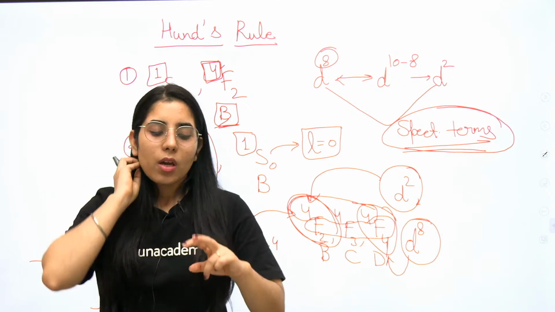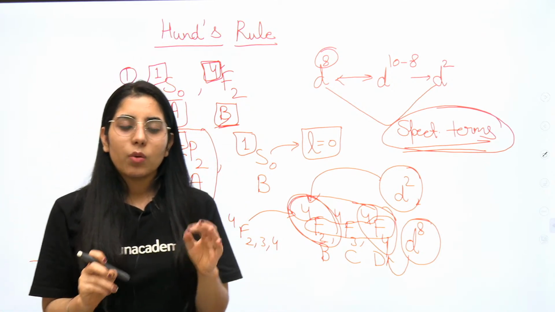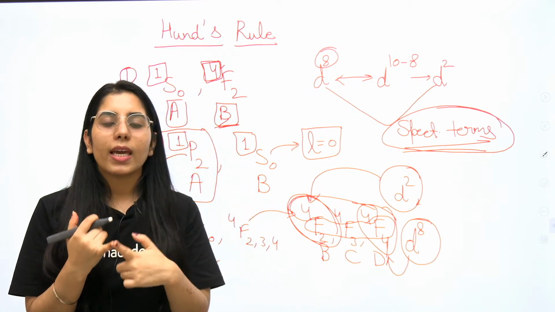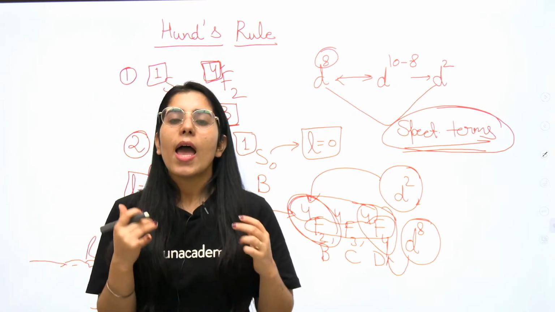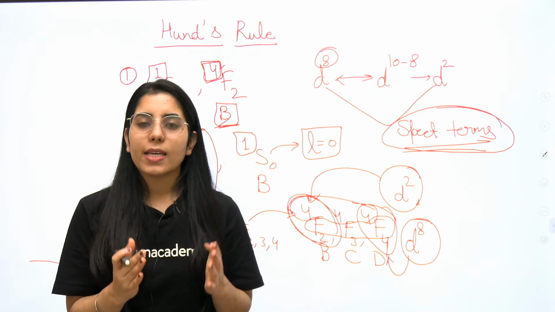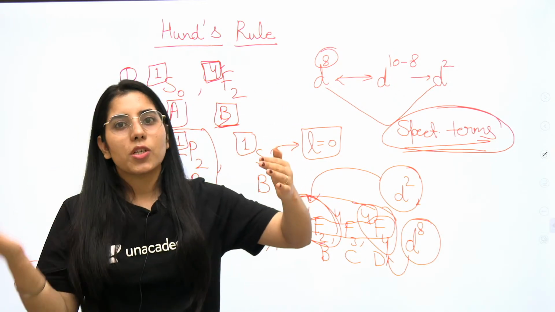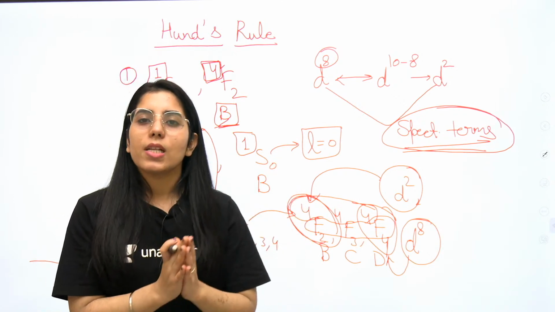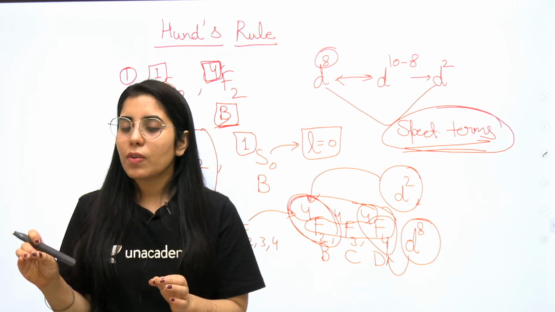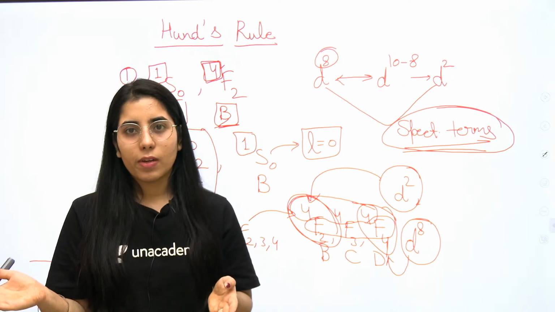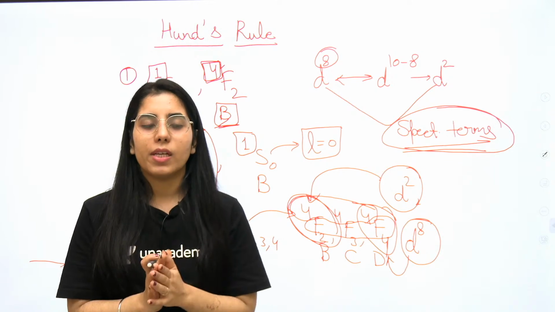Point number 3: if we need to compare the J values, firstly we will check whether it is a more than half filled case or a less than half filled case. If it is a more than half filled case, the largest J value will have the lowest energy. If it is a less than half filled case, the lowest J value will have the lowest energy. That's how you can relate it.